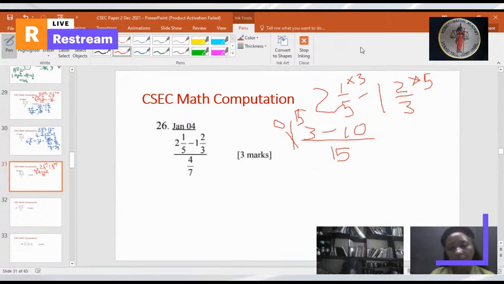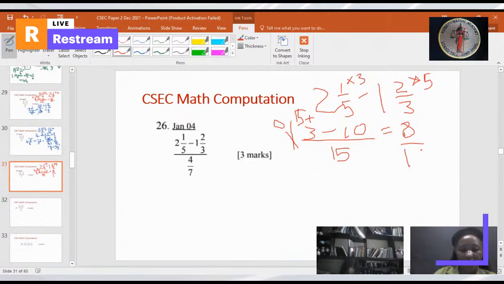So it's 15 plus 3, that's 18 minus 10, which is 8. So it would be 8 over 15.